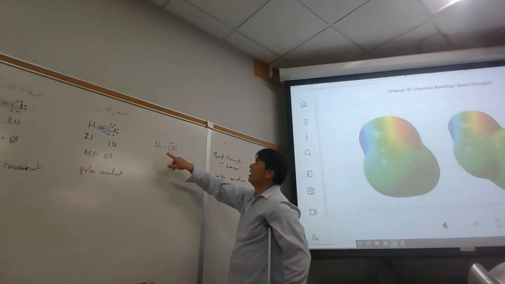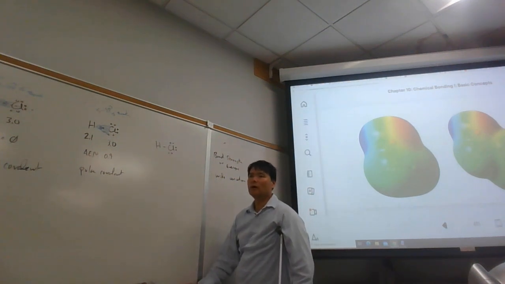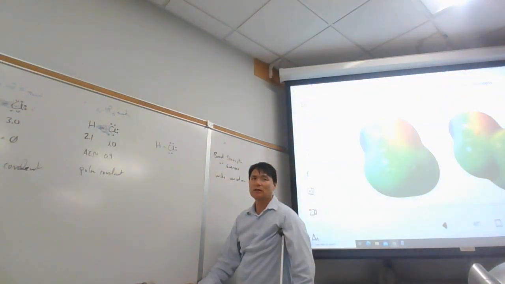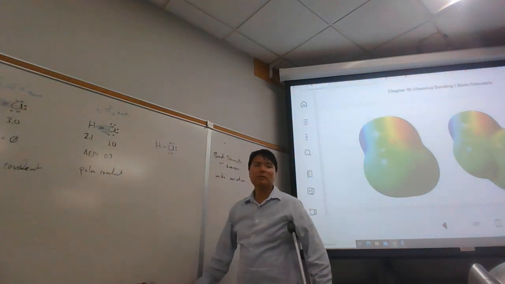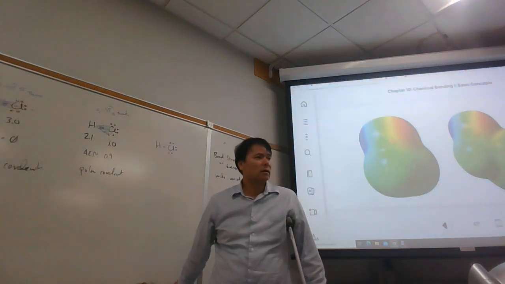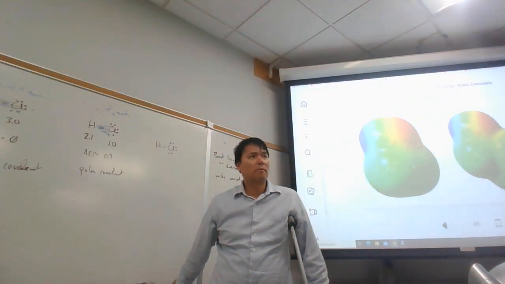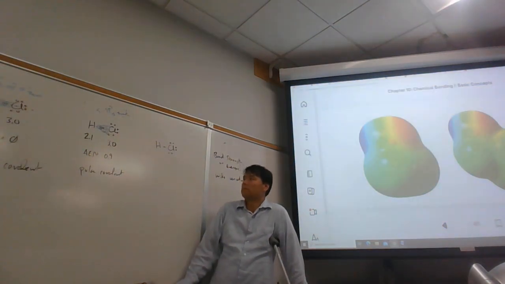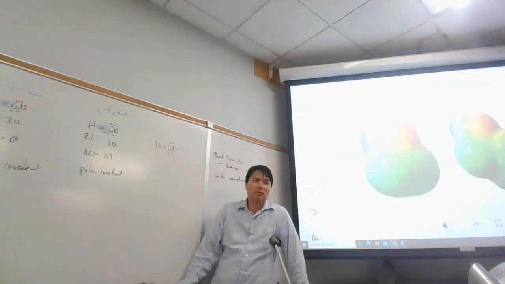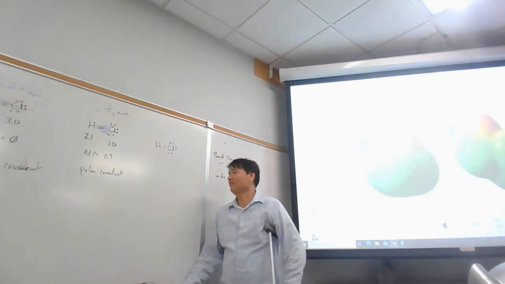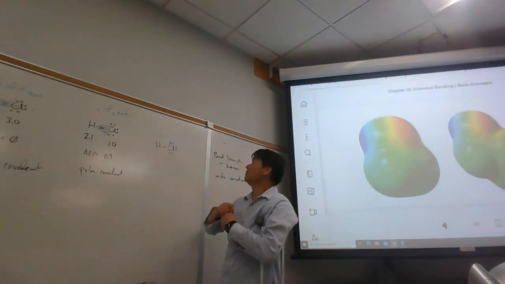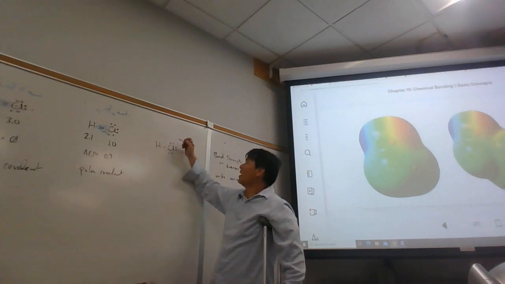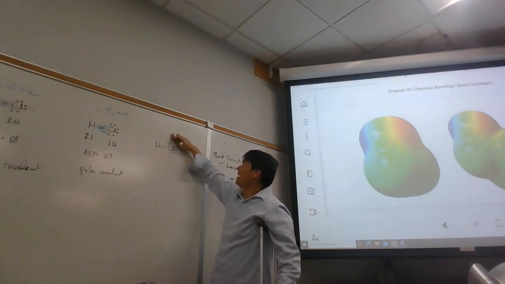So for HCl, what color are we going to expect? If we're going to map this out, do you know what the color coding is? Green is neutral, like there's no charge. Well, let's figure this out. When we do dipoles like this, when it's polarized, we see one end becomes more negative.